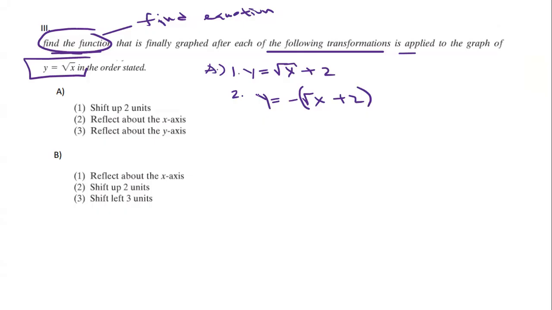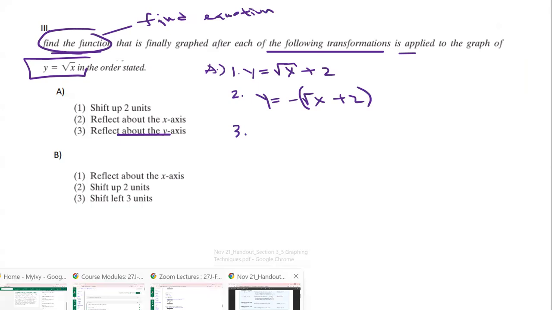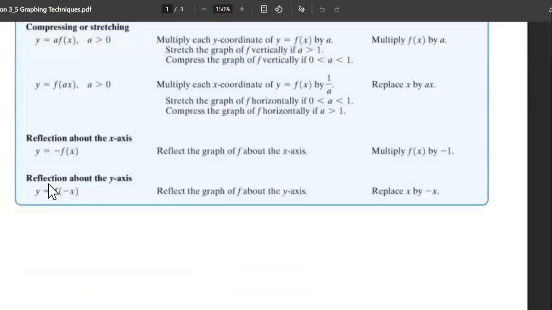And then the last part, part 3, is reflect about the y-axis. Again, it's dealing with that negative, but in this case, that negative is going to go inside the radical. Let's go back to our graphing techniques. To reflect about the y-axis, you replace the x by negative x.